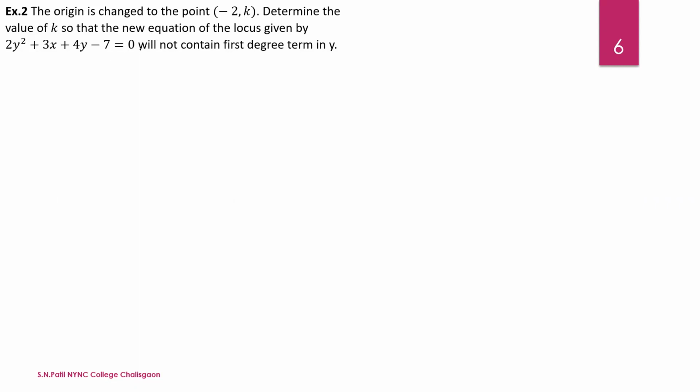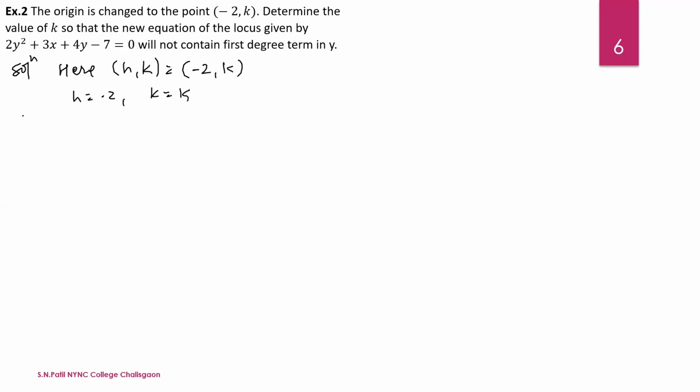Okay, now as usual, first we write the equations of translation. Solution: here h comma k is equal to minus 2 comma k. That is h is equal to minus 2 and k is equal to k.